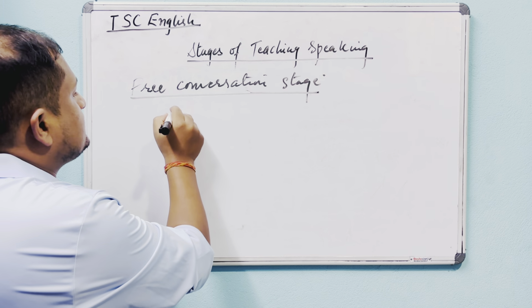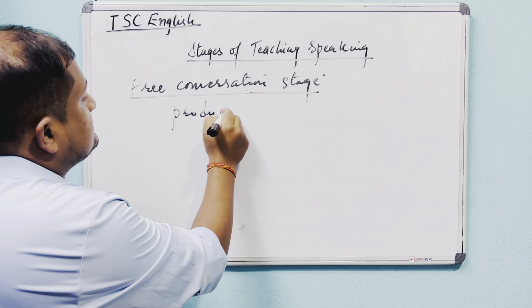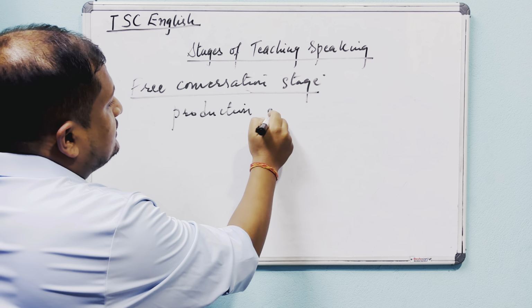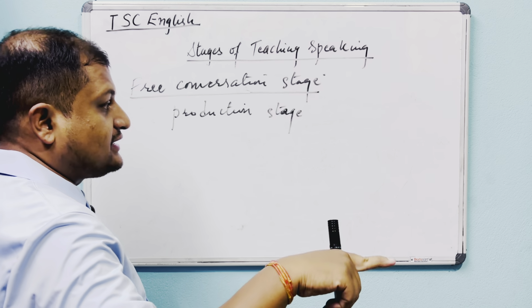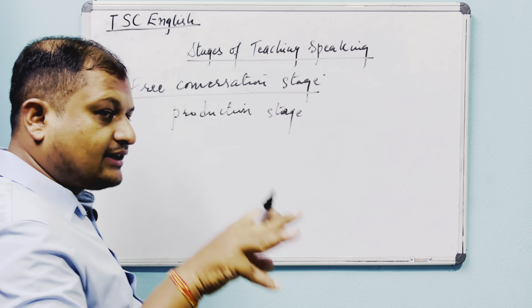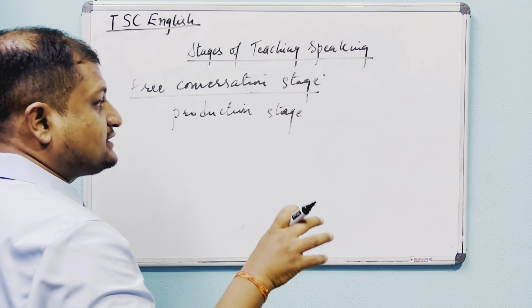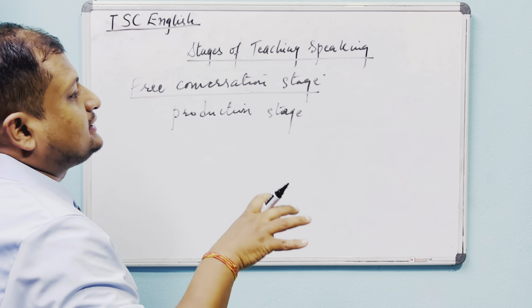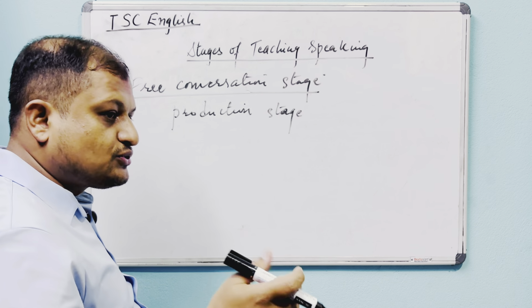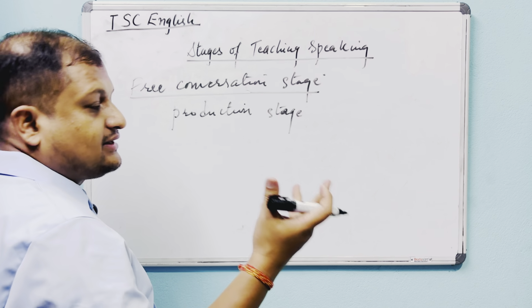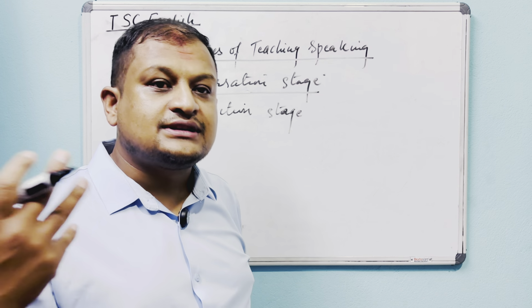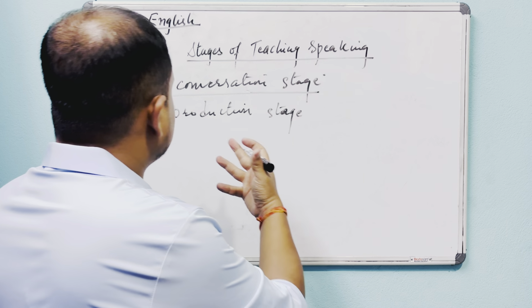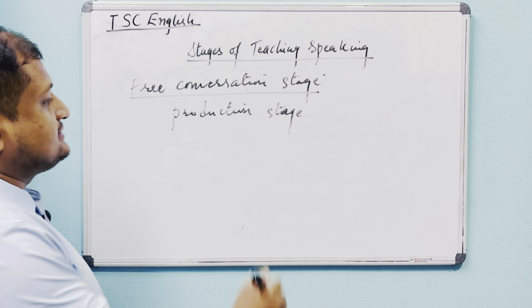This is also known as the production stage. It is known as the production stage because, as I already said, the students will have become a bit confident, a bit knowledgeable, and they will have been introduced to certain structures of various language items, so they are capable of producing the language themselves. That is why this stage is called the production stage.